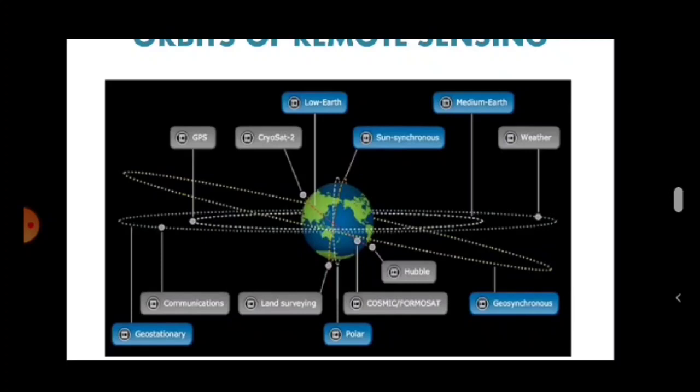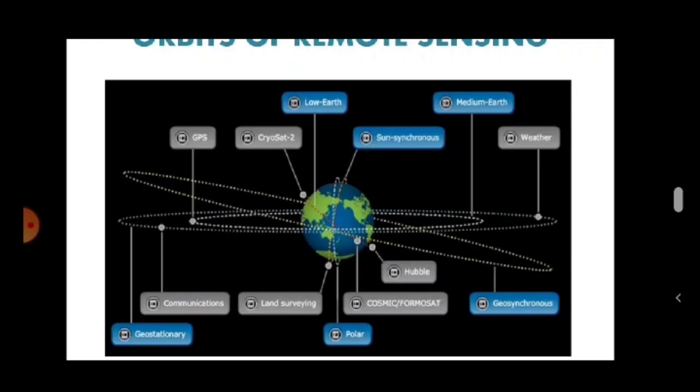This distance influences to a large extent which area is viewed and at which detail. Then we come to the inclination angle of an orbit, which is the angle between the orbit and the equator. So it determines, together with the field of view, or FOV, of the sensor, which latitudes can be observed.